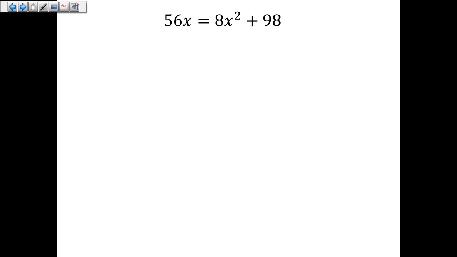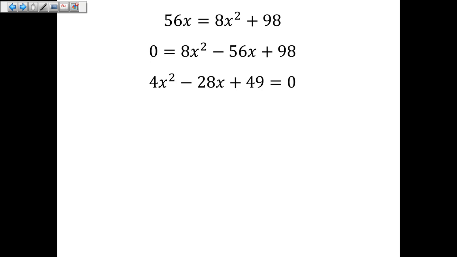Let's take a look at some examples now. I want to solve this quadratic equation. The first thing I need to do is get everything on the same side and set it equal to 0. Now I'm going to factor out as big of a number as I can. What's the biggest number that I can factor out of 8, 56, and 98? Well, I can actually factor out a 2 from everything.